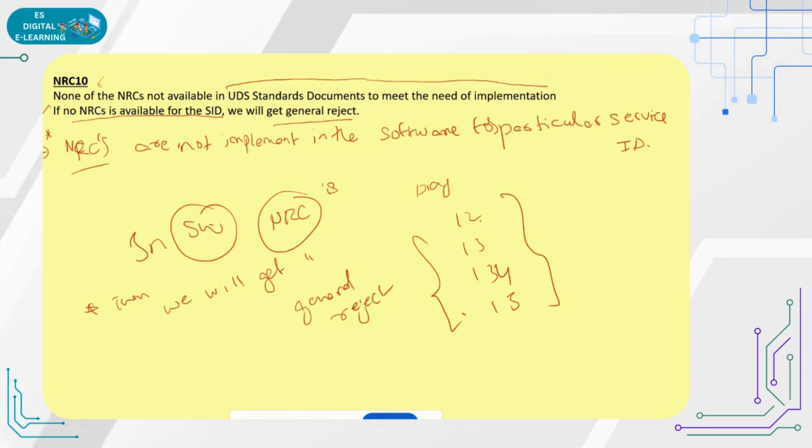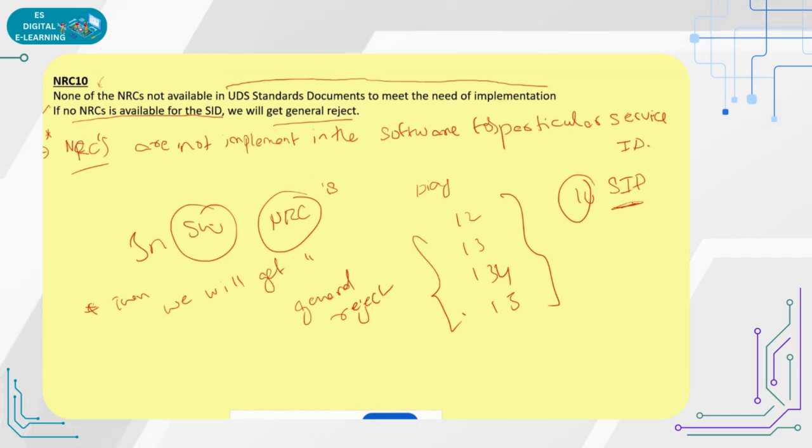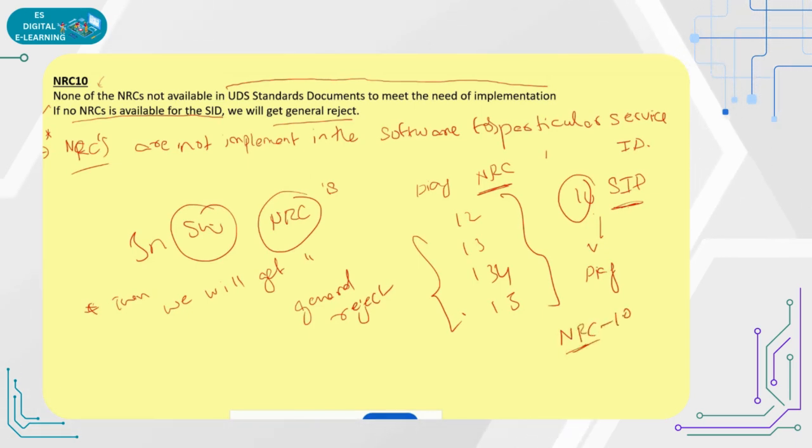So it means that 12, 13, 14, 15 need to be supported for the 10 service ID. Remember, service ID is different, NRC is different. Don't get confused. If it is service ID 10, it is diagnostic session control. If it is NRC code 10, it is general reject.